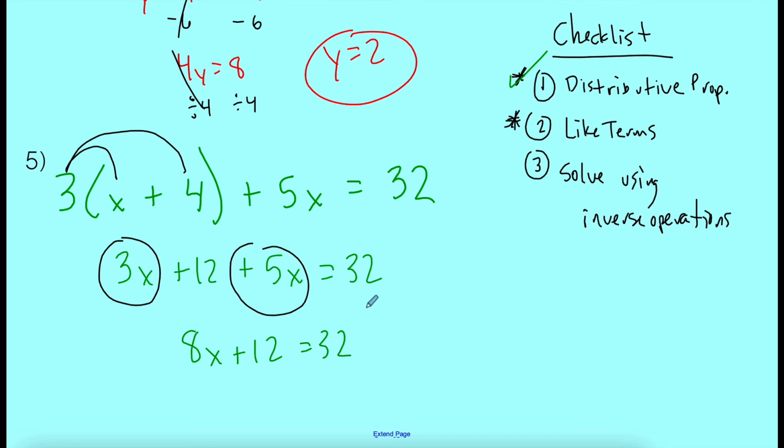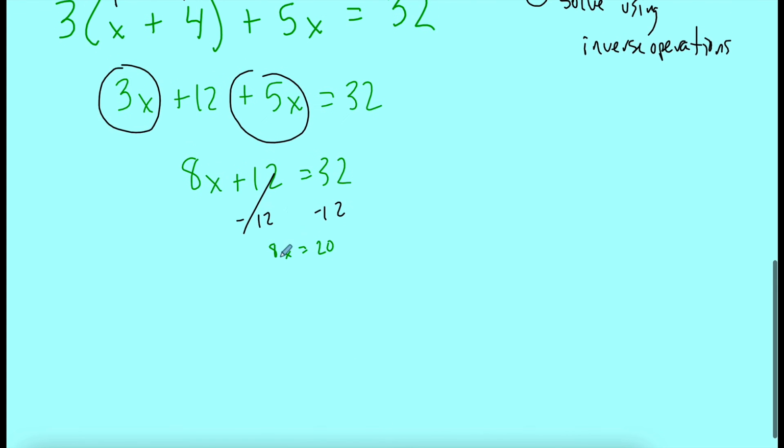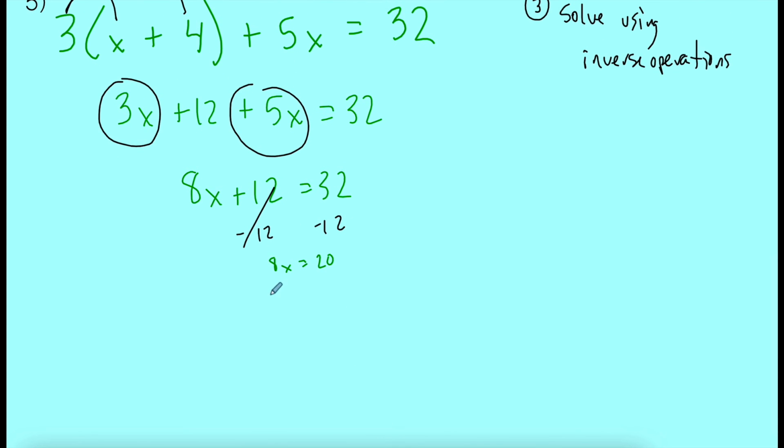All right, and now it's a nice two-stepper. I can do this easily. We've been doing these problems. You can do them in your sleep, maybe by now. Solve using inverse operations. So I'm going to subtract first. Rewrite this as 8x equals 20. And then to finish it off, divide both sides by 8.